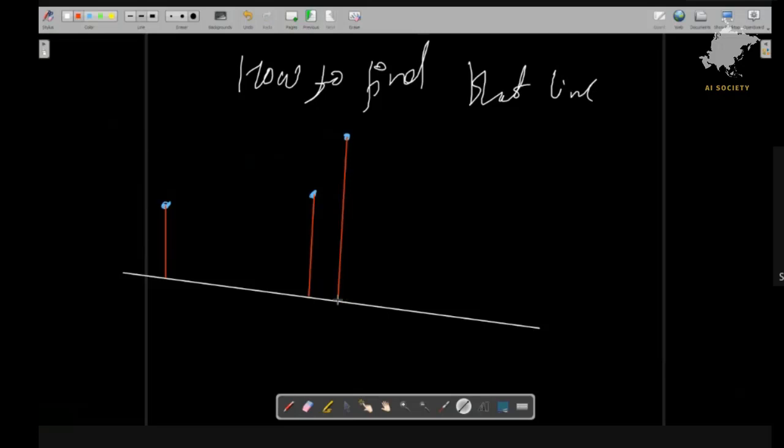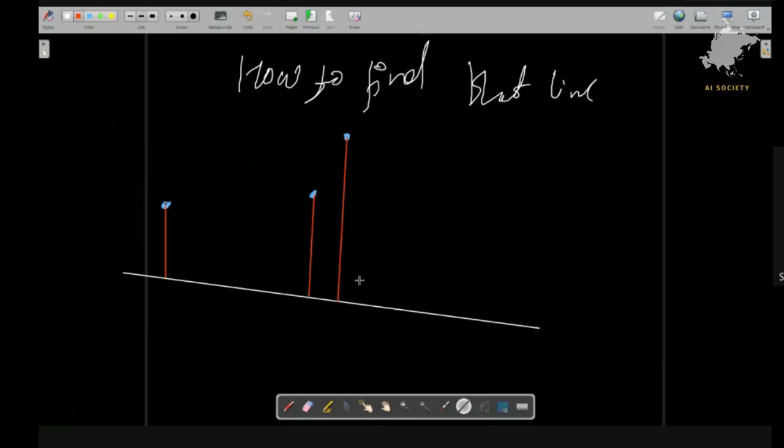Something like here. Okay, so what I just did: the problem was that I have to find a line that can perfectly fit these three blue data points. And we started the solution by drawing a random line, and then we check how bad this particular line is doing.